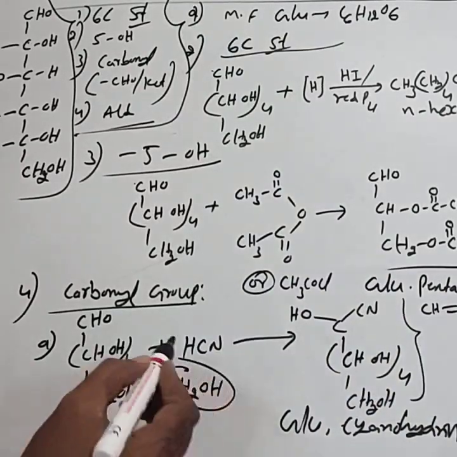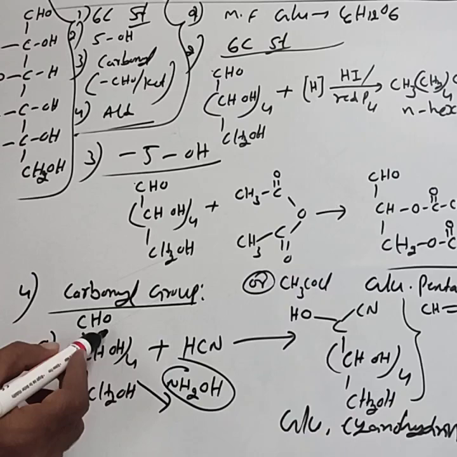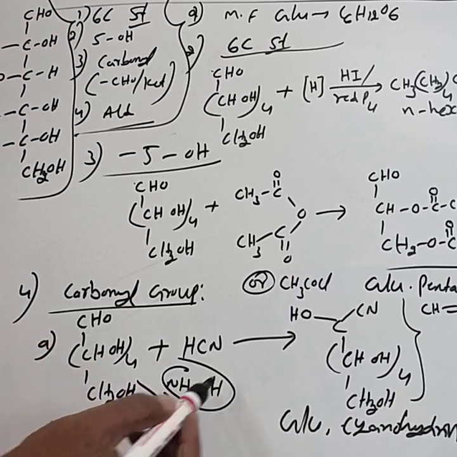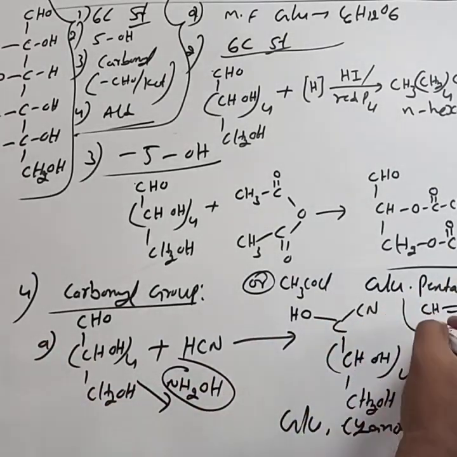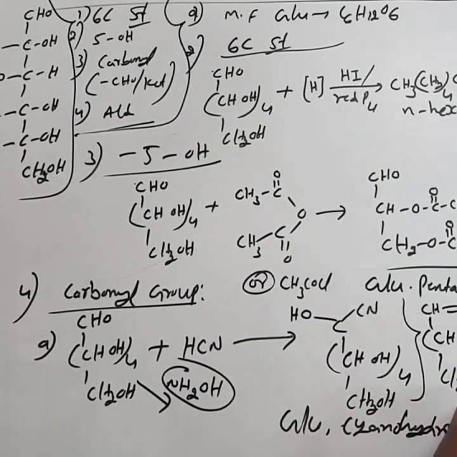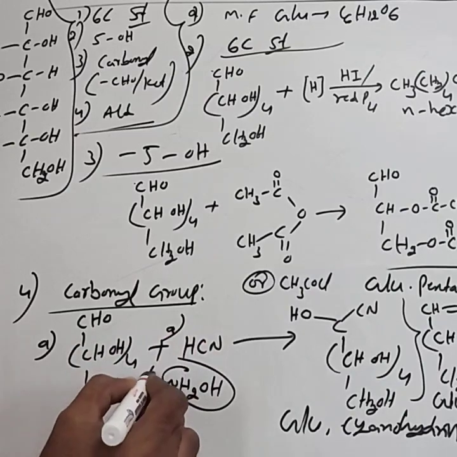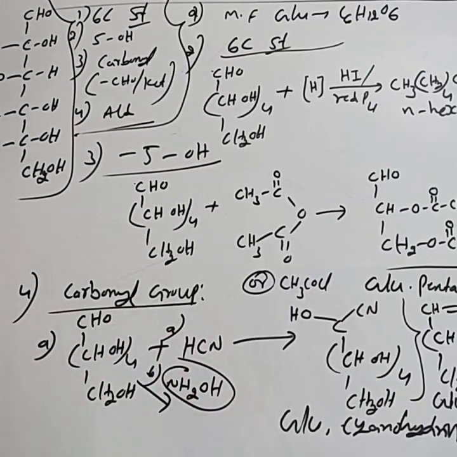From the hydroxylamine, this H2, and from the aldehyde group oxygen, H2O gets removed, forming CH double bond NOH, CHOH4, CH2OH. This is called glucose oxime. You can write either with hydrogen cyanide or with hydroxylamine.